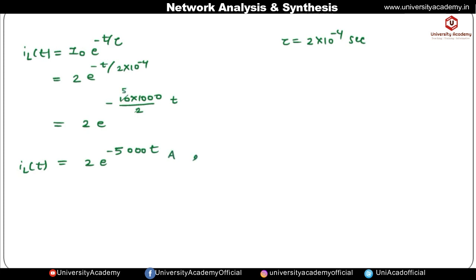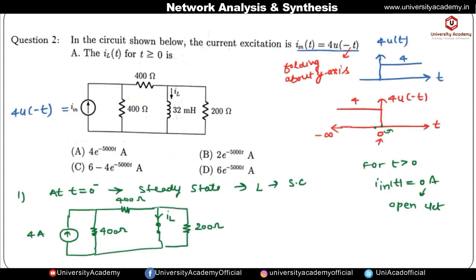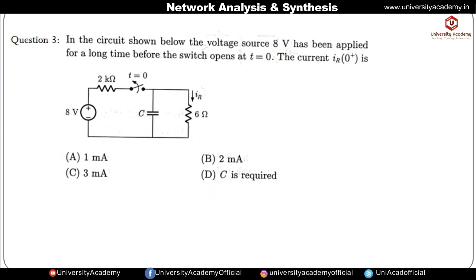Okay, so this is in ampere. This is the current expression passing through the inductor for t greater than or equal to 0. So this is the answer, 2 into e to the power minus 5000 t, matching with option B. Now let us see the next question.